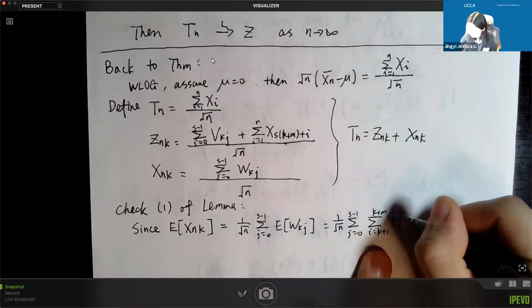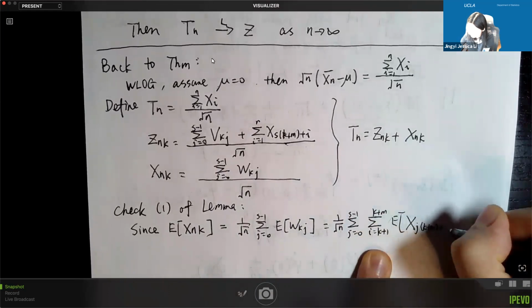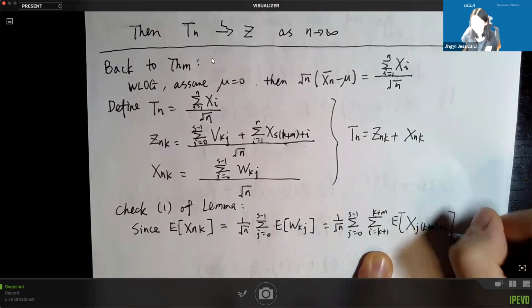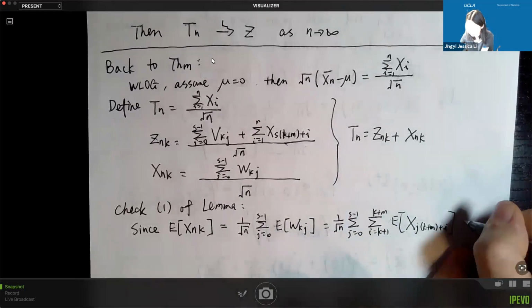The expectation of X_{j, k+m+i}: now we are in the mean 0 situation, so this is 0.